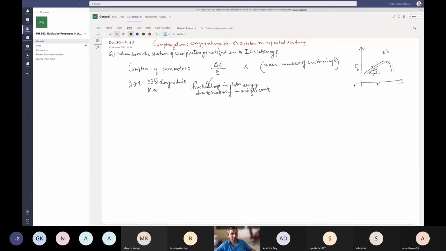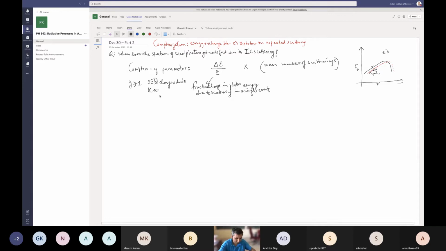Right. Okay. So we have actually split it into two simple parts. So this is called Comptonization. When y is greater than or equal to 1, we say that Comptonization has happened.